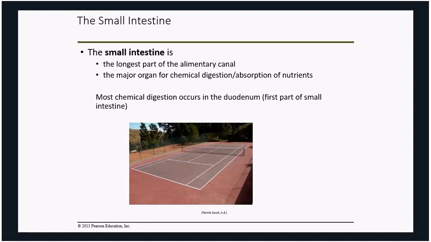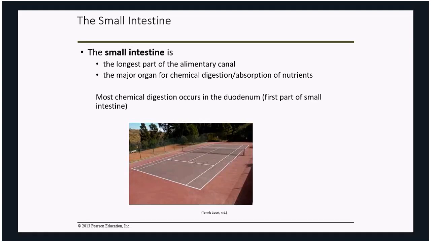It's smaller around than the large intestine is. This is one of the major organs, really. A lot of chemical digestion happens here, and this is where you get most of your absorption of nutrients.